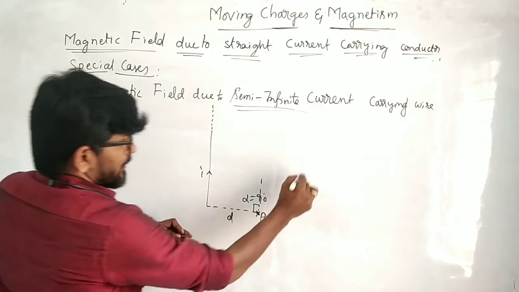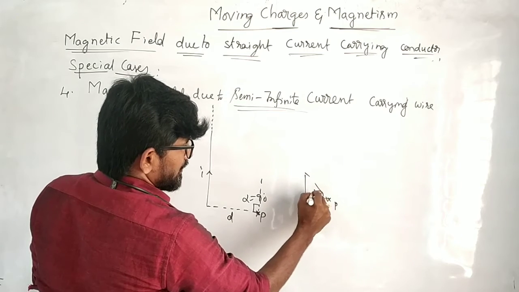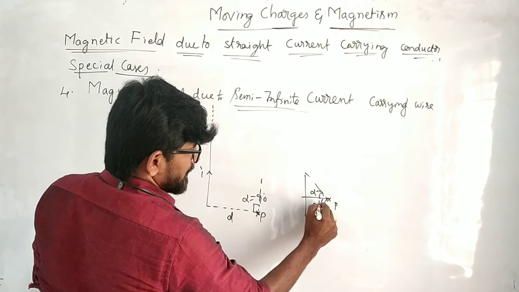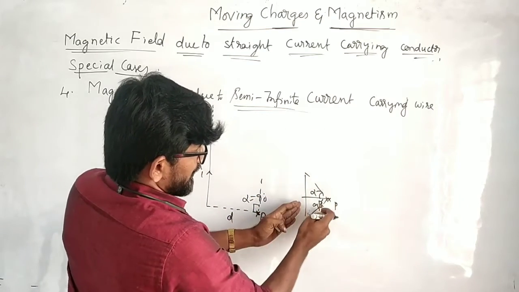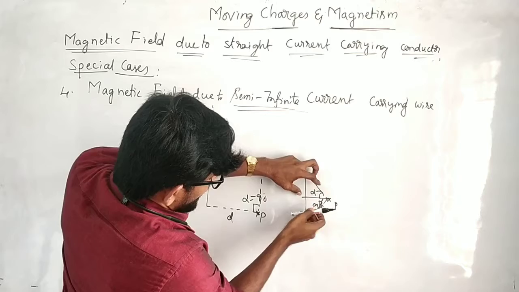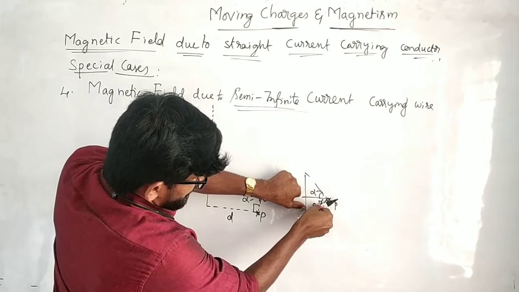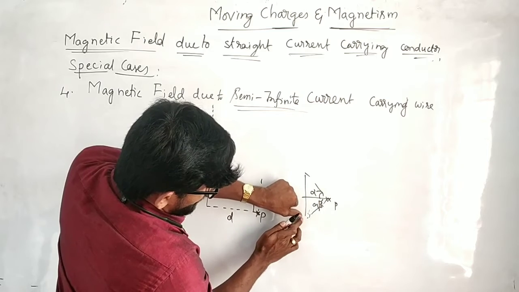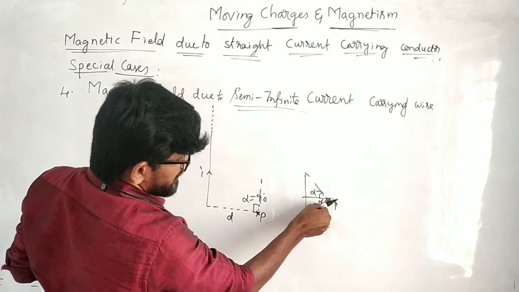Here, this is the point, this is alpha, and this is beta. If it goes to infinity, alpha becomes 90. When the wire is ending here, if the point goes nearer to this slowly or gradually, beta is decreasing gradually.